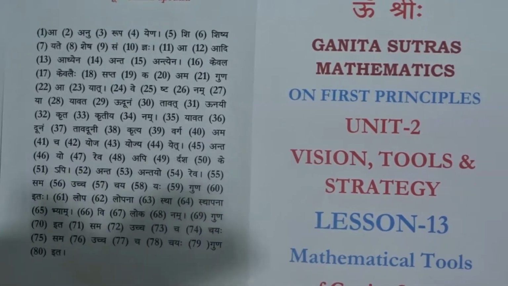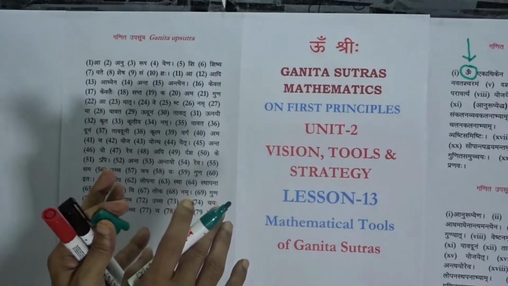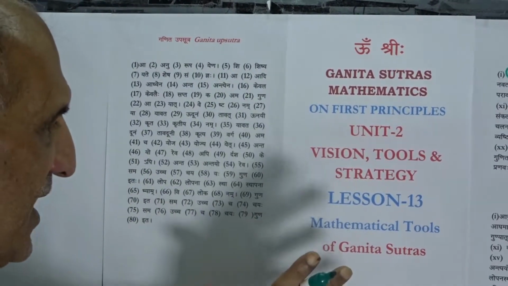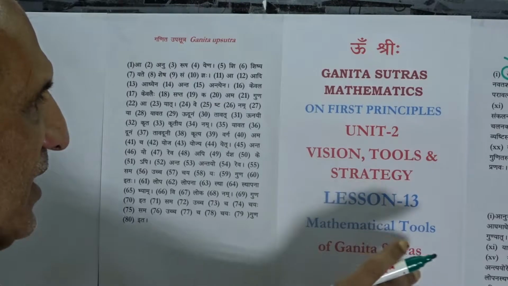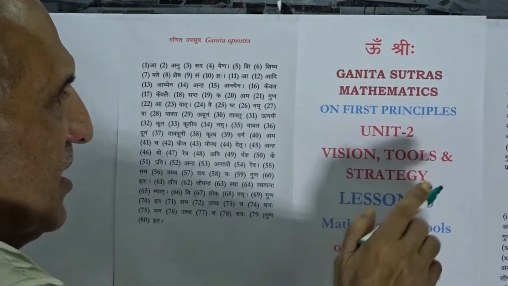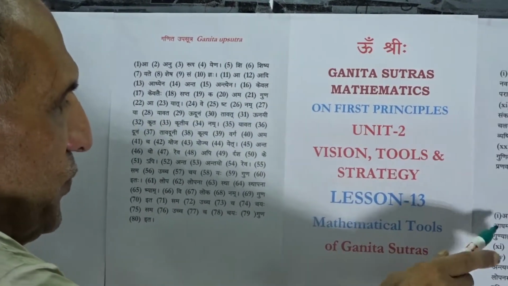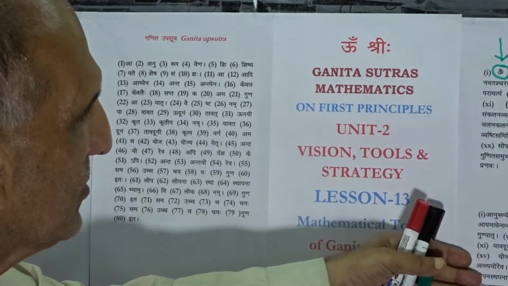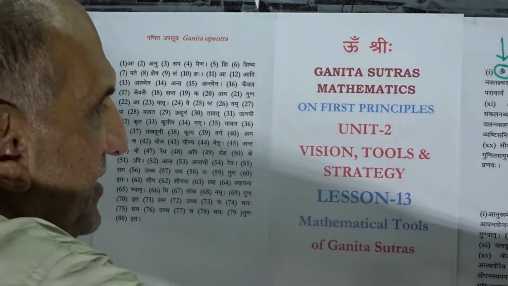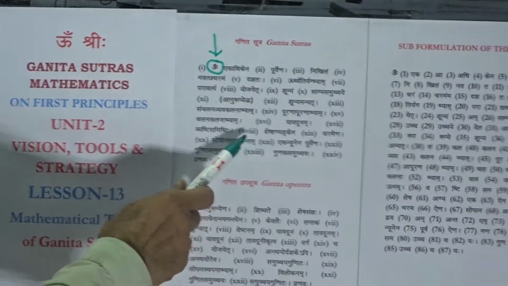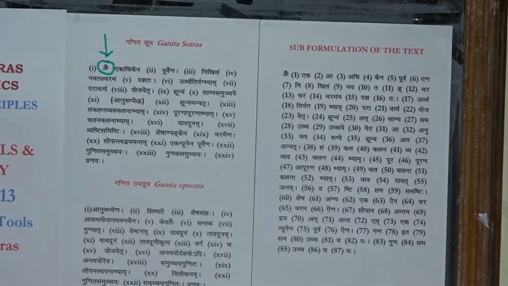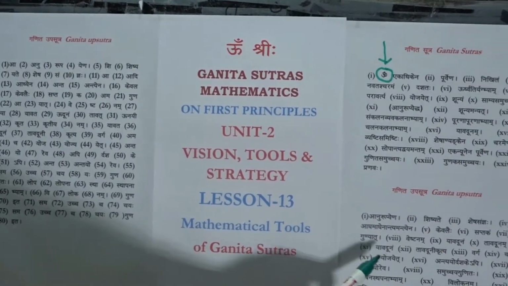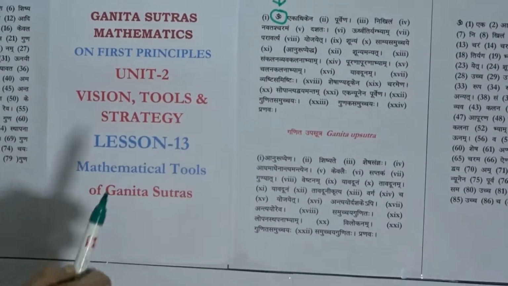Today we are to revisit these 36 letters of Devanagari alphabet being availed by Ganita Sutras text, these 24 and 22 formulations, and further 87 sub-formulations of the 24 formulations and 80 sub-formulations of the 22 formulations.